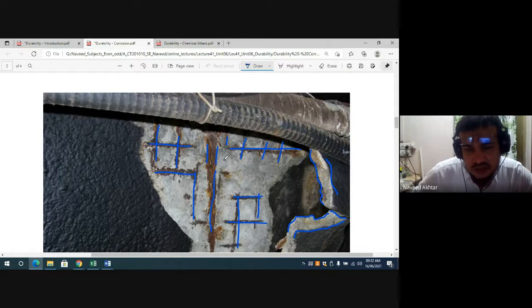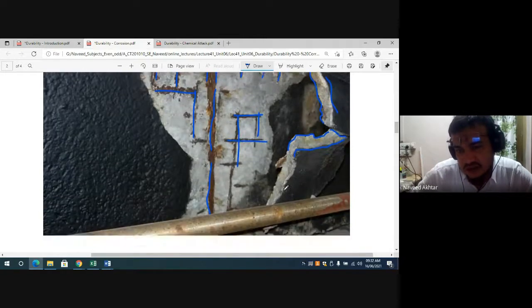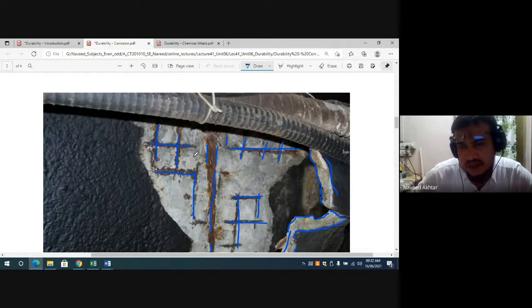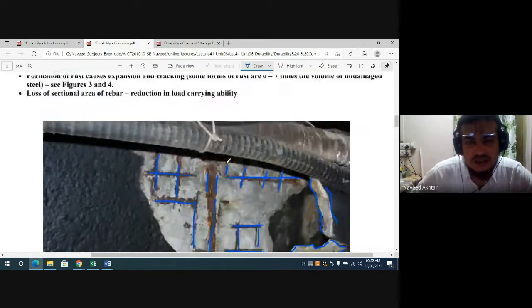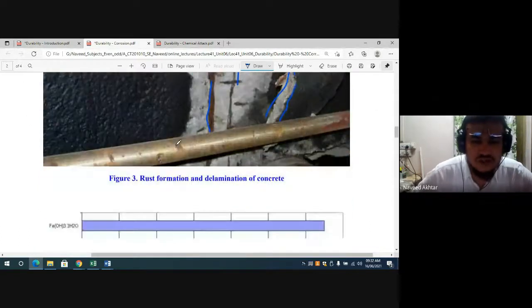You can see very clearly this rusting taking place, and this spalling of the concrete. The cover concrete has already left the main element. So that is the reason that we have to avoid the corrosion of the reinforcement.